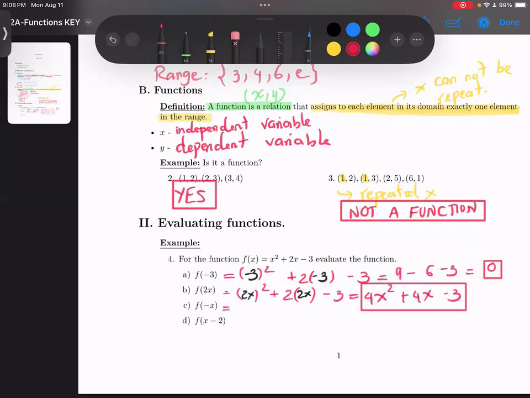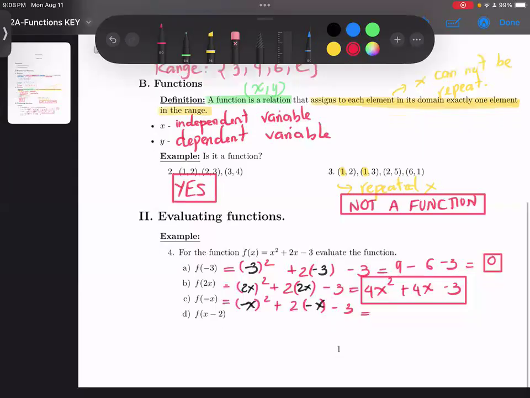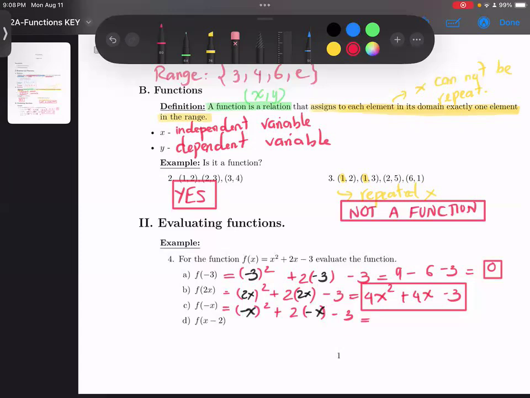Same thing here, and this time it's going to be negative x. Easy peasy, because we have the parentheses. Negative x quantity squared is x squared, minus 2x minus 3. Again, don't bother to simplify.